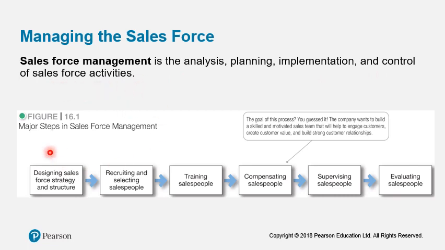The first step is designing the sales force strategy and structure. After you design it, you recruit by selecting a qualified salesperson to groom. Then you train them, compensate them, supervise them, and evaluate the salespeople.